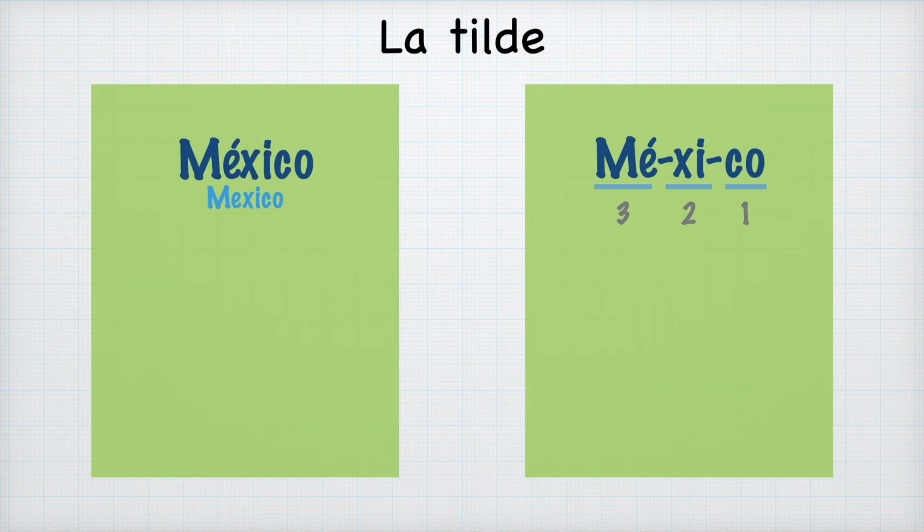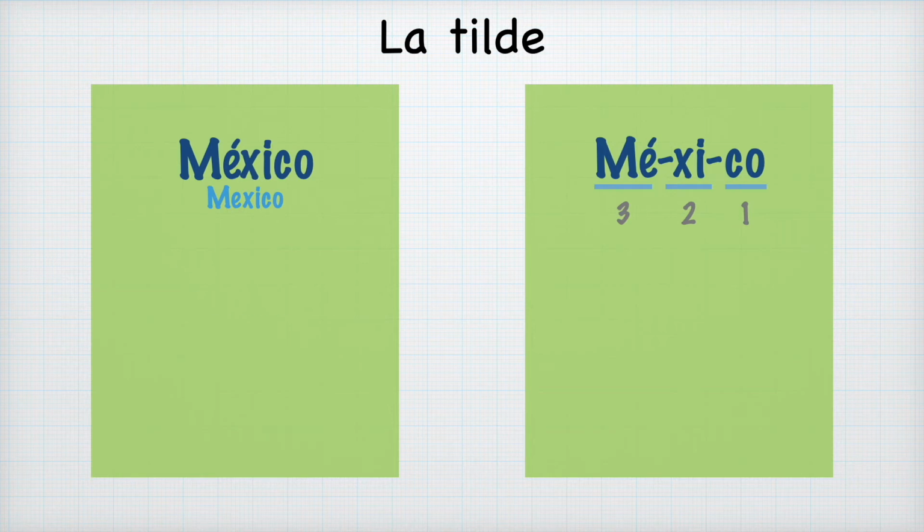So it should be Mexico. But for whatever reason, that's not how we wanted it to sound. So we add the accent to the vowel within the syllable that we want to stress. So we want it to sound like México. And that's why the E has the accent.